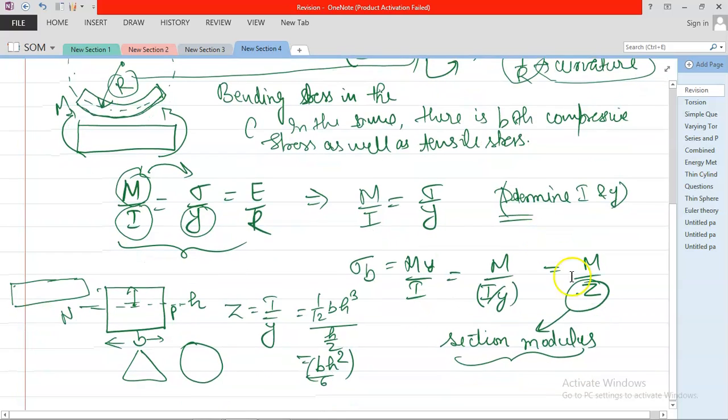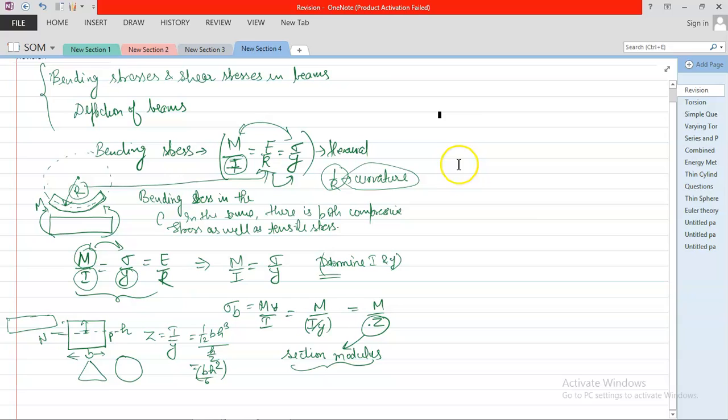I remember that in a previous year GATE they asked just the same kind of normal question. Yesterday I told you how to proceed with the problem. Suppose you are given some UDL load and you need to find the maximum bending stress.